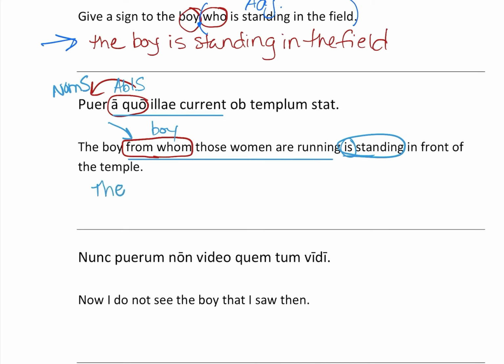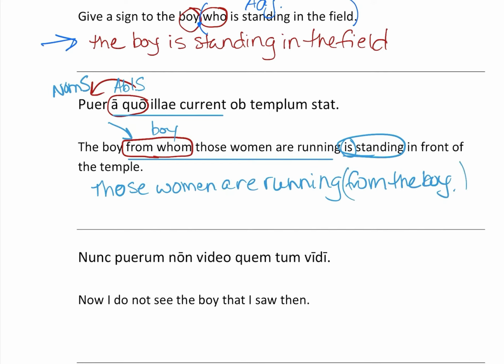So those women are running. The only place it makes sense to put the boy is "from the boy" right here. And you can see automatically this is a prepositional phrase. It takes the ablative, and that's why we have to do a quo, because it's in the ablative.